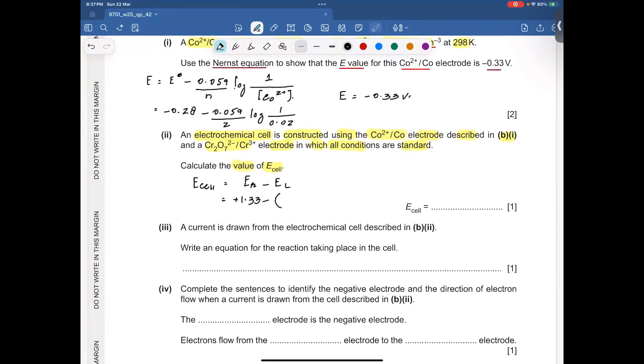And E naught left is basically minus 0.33 volt, because we need to use this value as per the examiner's instruction. So the value is going to be 1.66 volt.